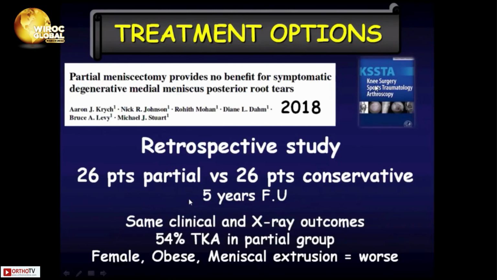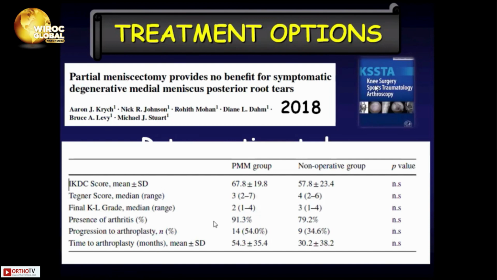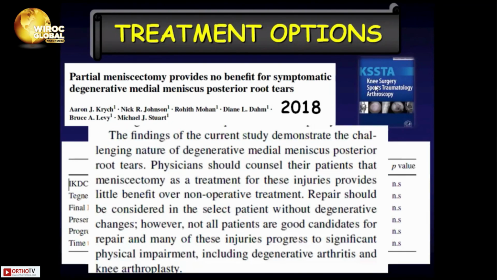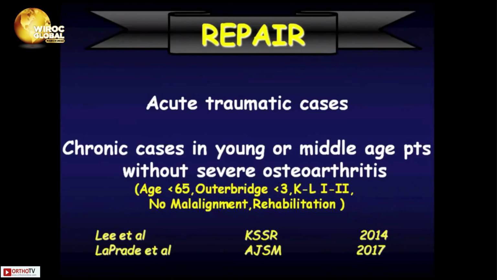And in this retrospective study, with 26 patients with partial meniscectomy and 26 patients with conservative treatment and a follow-up of 5 years, they had the same clinical results, and worse outcomes in patients with partial meniscectomy. Almost 50% of them became total knee replacement patients. So there's no space for conservative treatment or treatment with partial meniscectomy.